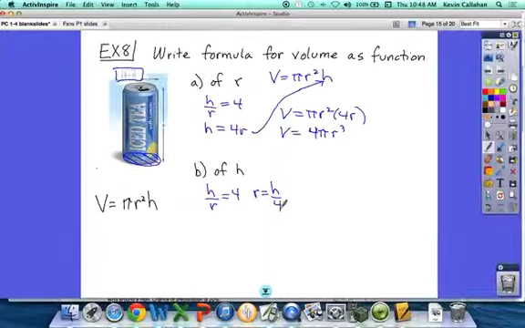Okay, and now that's what you want to put in the place of r. So volume equals pi times h over 4 squared times h. Volume equals pi over 16 times h to the third. So in this case, volume is a function of h. If you tell me the h, I can tell you the volume. You don't need to know the radius.